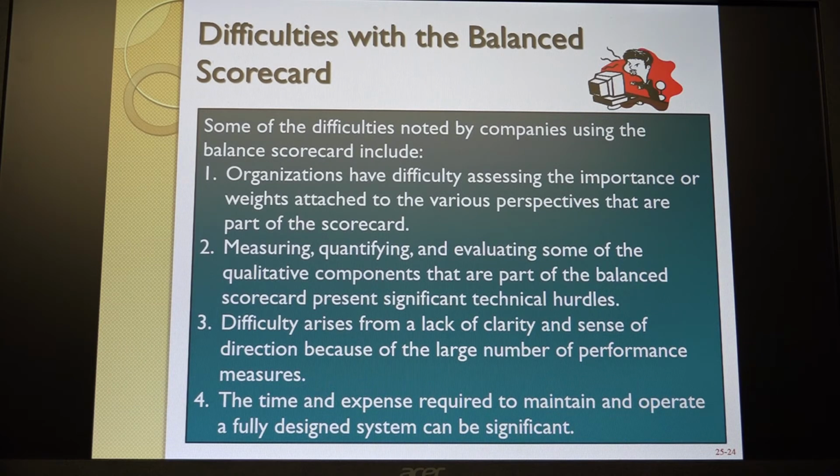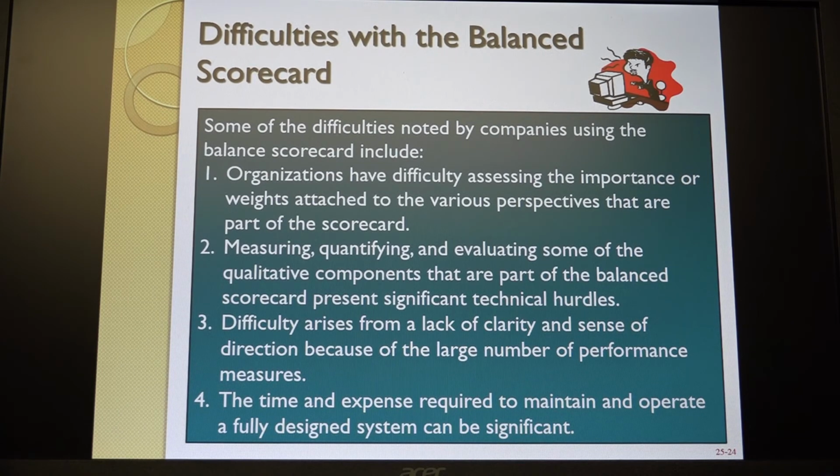The difficulties with the balanced scorecard is the organizations have a difficult time assessing the importance or weights to attach to the various perspectives that are part of the scorecard. Measuring, quantifying, and evaluating some of the qualitative components, those last three, that are part of the balanced scorecard, present significant technical hurdles.